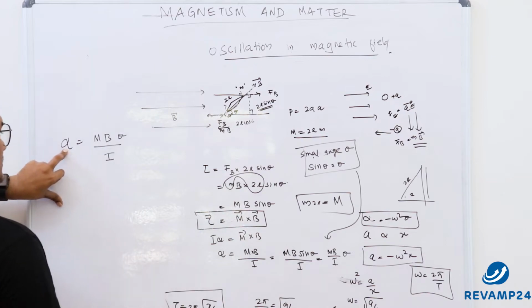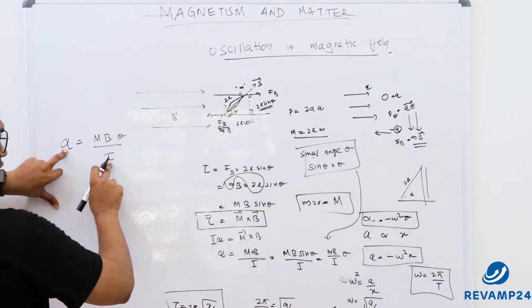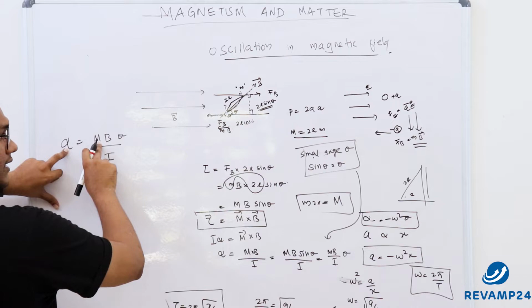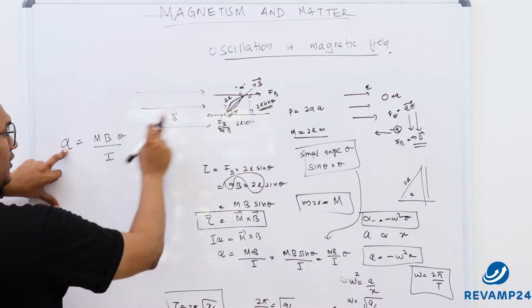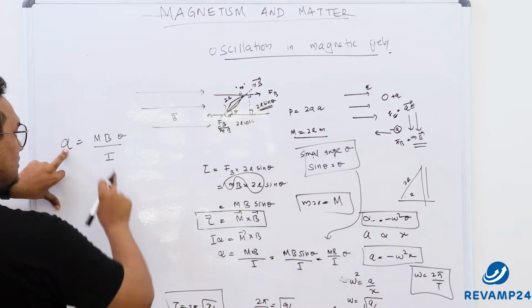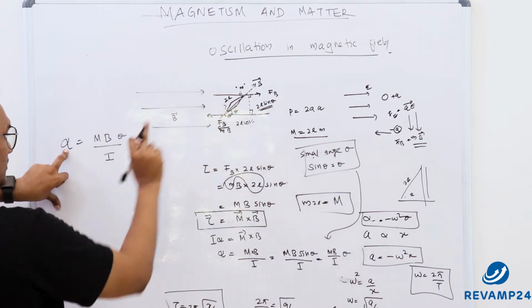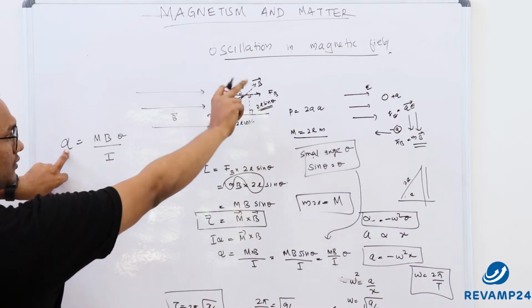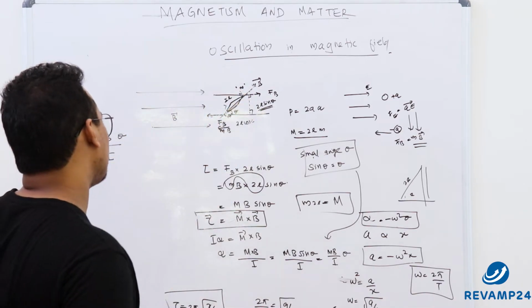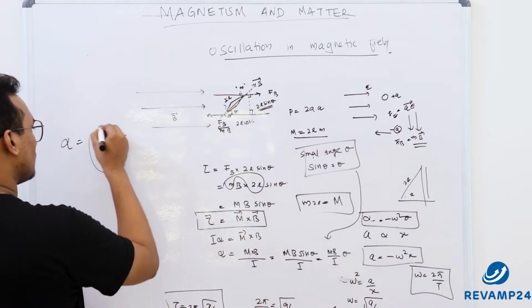Magnetic field of the source, that is constant. So this one is moment of inertia, this one is magnetic moment. So magnetic moment of a magnet is constant. Magnetic field intensity of a source, that is constant. I, moment of inertia of a specimen, that is constant. So all these are constants.